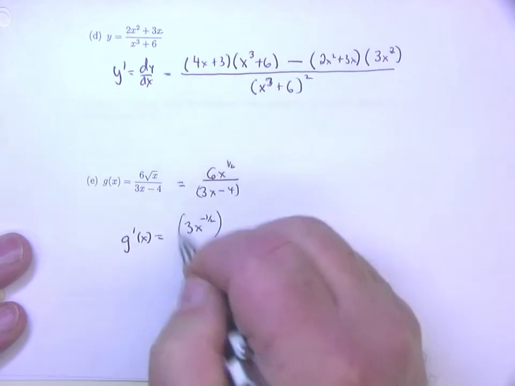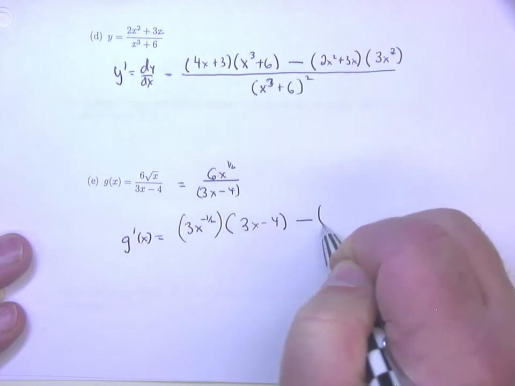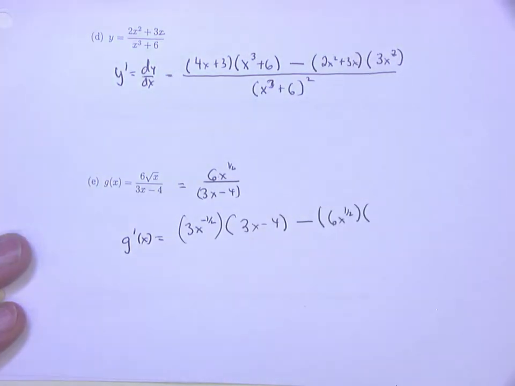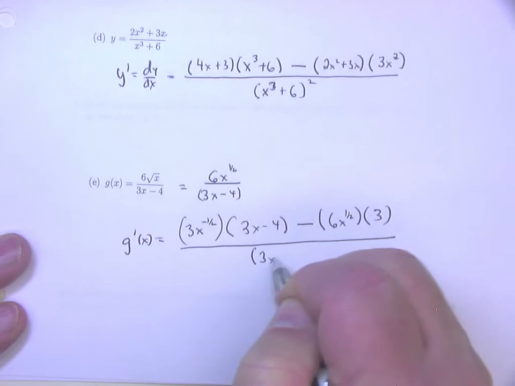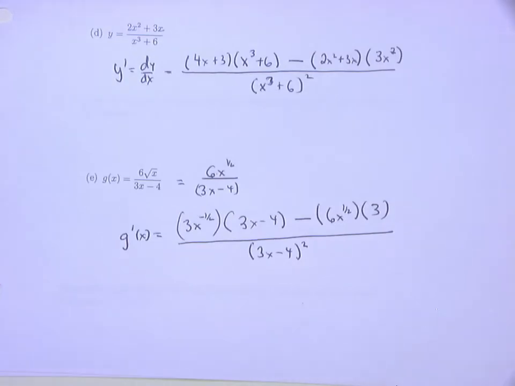Derivative of the top times the bottom, recopy, (3x - 4), minus the top, 6x^(1/2), times the derivative of the bottom. What's the derivative of 3x - 4? 3, all over the bottom, (3x - 4) squared. There's my answer.